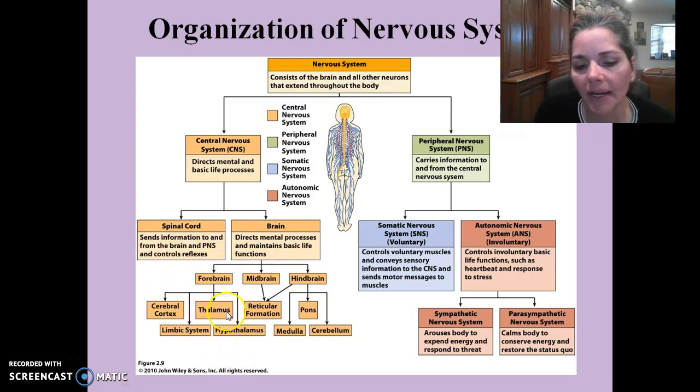But we first break it down into the forebrain, the midbrain, and the hindbrain. From an evolutionary standpoint, the hindbrain and the midbrain were thought to have evolved first. They are often associated with just keeping us alive: our heart rate, our sleep cycle.